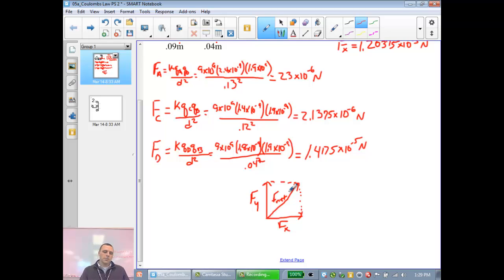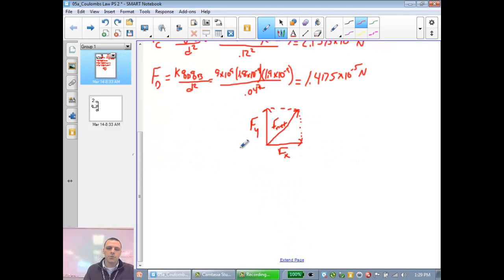You can use the tip to tail method if you want. Remember, Fy is equal to Fc. And now we're going to do the work out to get F net. So I'm going to use the Pythagorean theorem. F net squared equals Fx squared plus Fy squared. Remember, this side of the parallelogram is equal to the side opposite, so they have the same length.